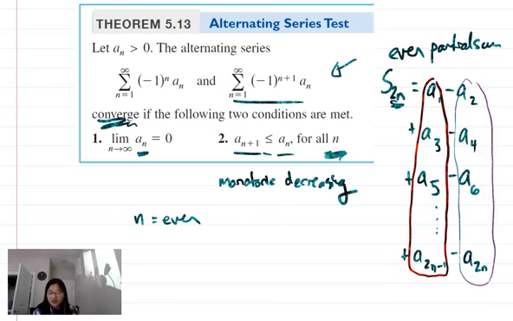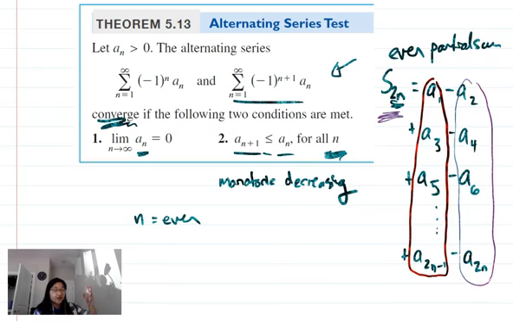If we do that, we end up with a sub n-1, all our odd terms, that difference happening, and then we know that this is going to be bounded, right?